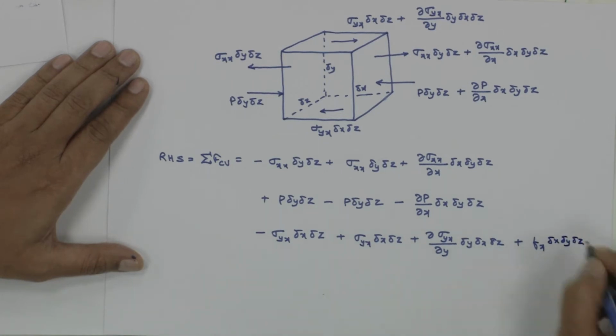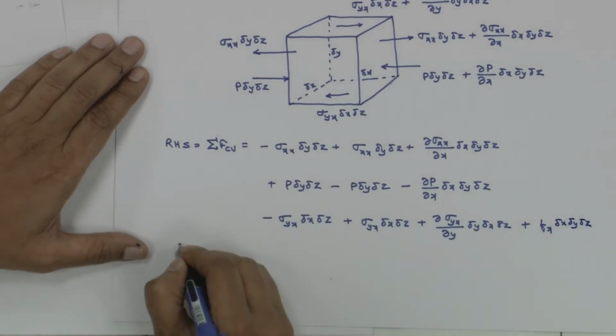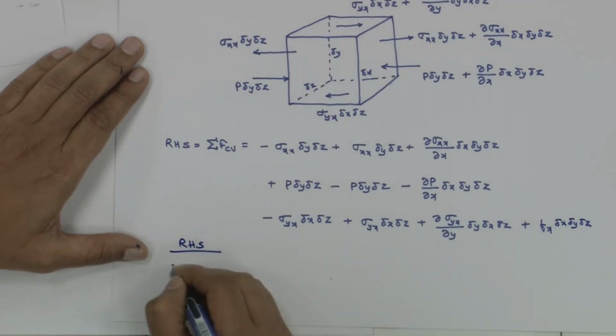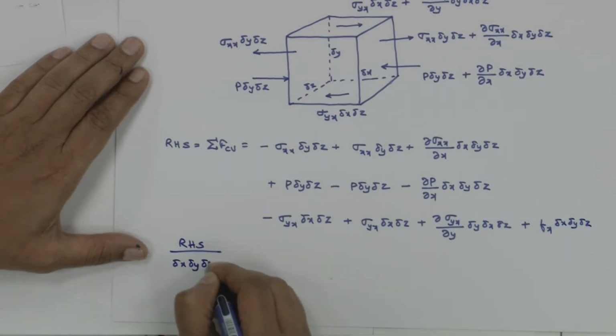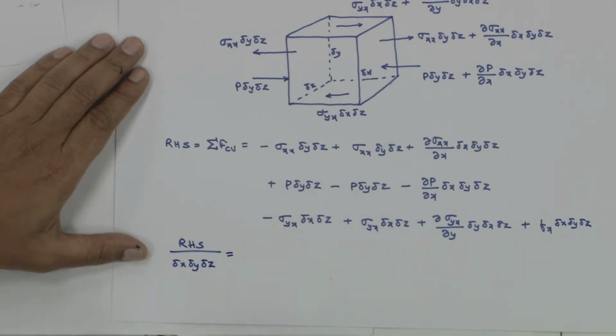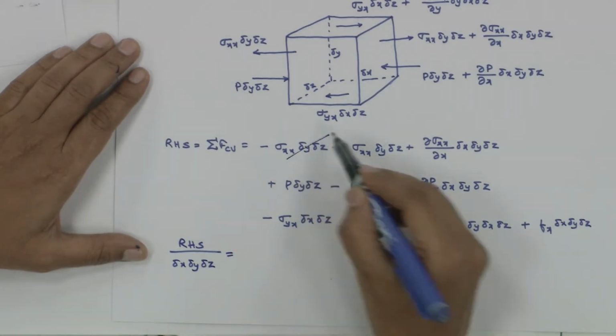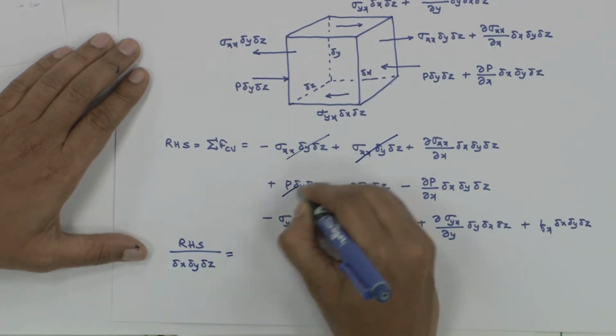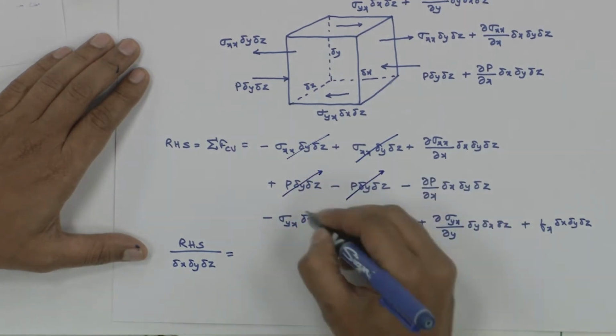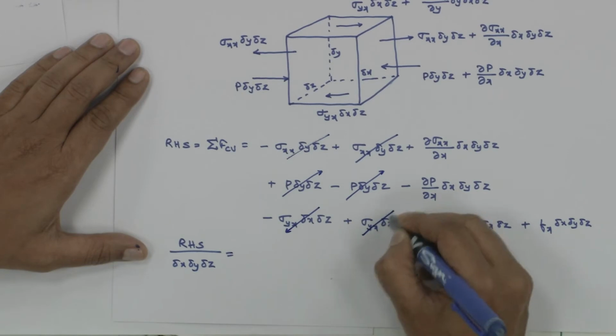Okay, so that is delta x delta y delta z. Now let me take RHS upon delta x delta y delta z. What will happen to these terms? This term will get cancelled, with this term will get cancelled with this term.